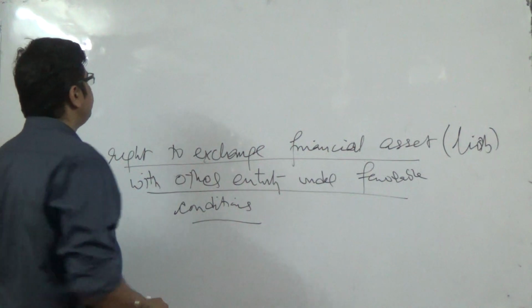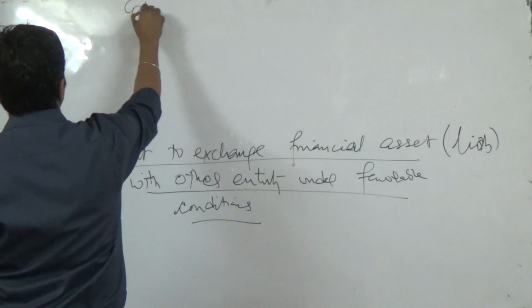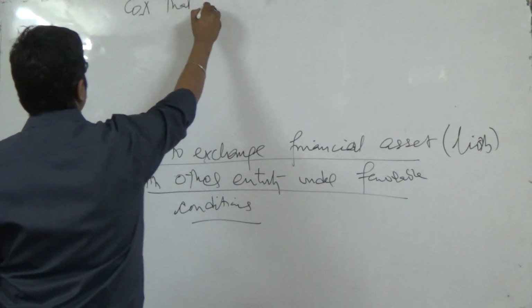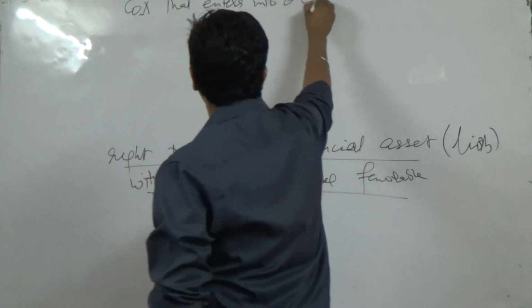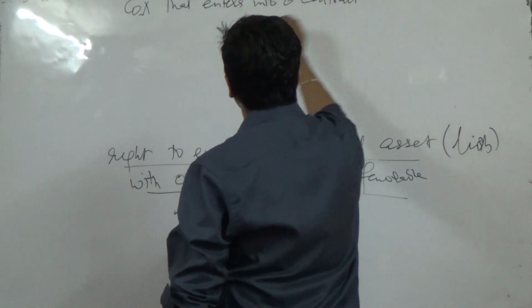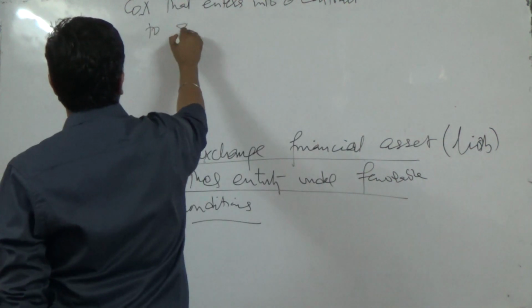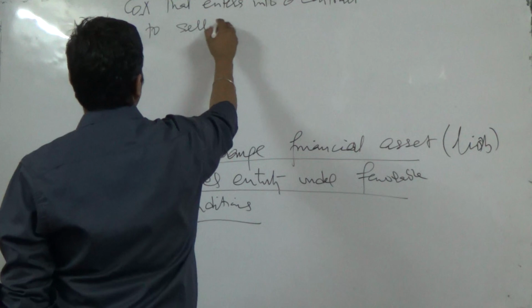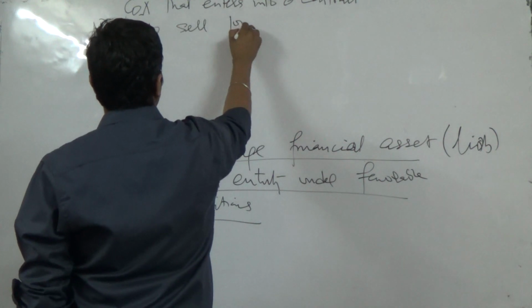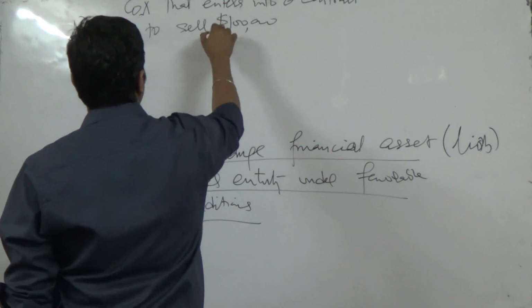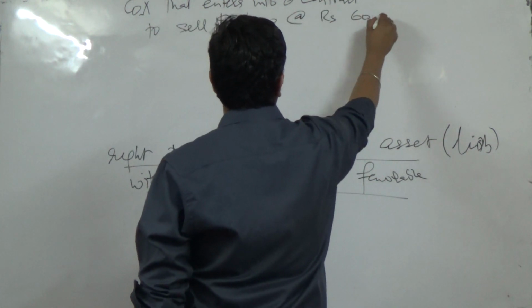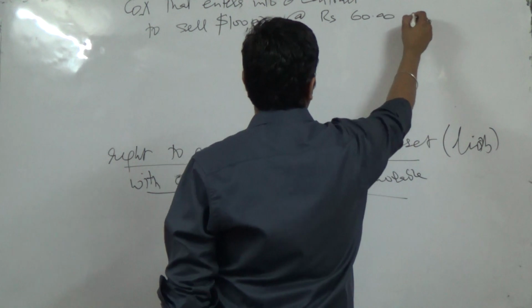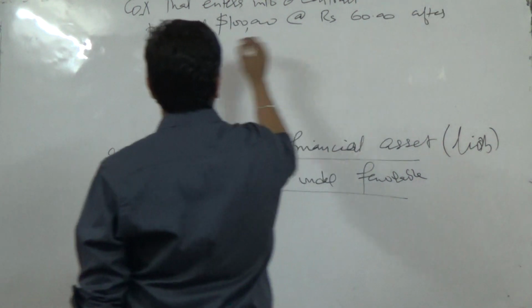Let us say that there is a company X that enters into a contract to sell, let's say, 100,000 US dollars at the rate of rupees 60 after 3 months.